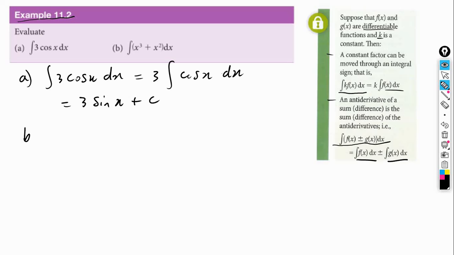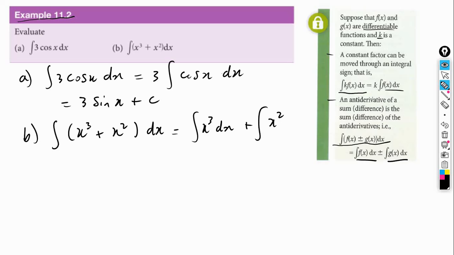Case B says integrate x cubed plus x squared dx. So this would be the second case where we can separate the antiderivative into two separate antiderivatives, right? So we can rewrite this as the integration of x cubed dx plus the integration of x squared dx.